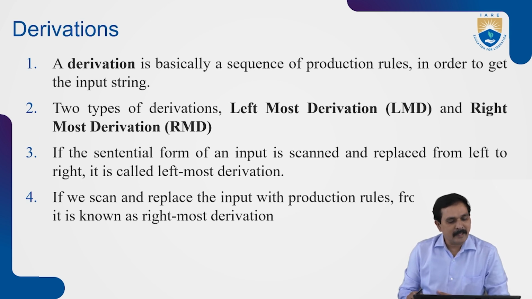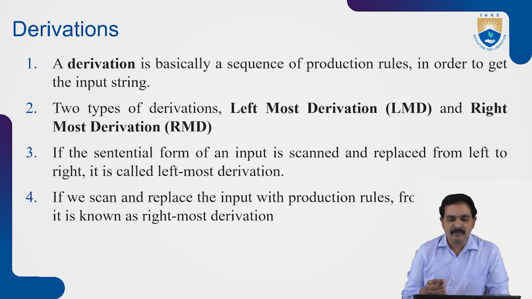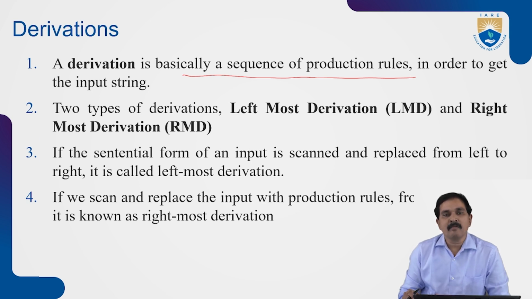So a derivation is a sequence of production rules applied in order to get the input string. From the context-free grammar, you take some sequence of production rules and decide in what sequence you apply the rules so that you get your required string. That is the idea of derivation.